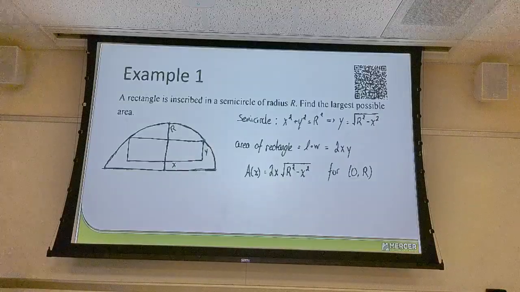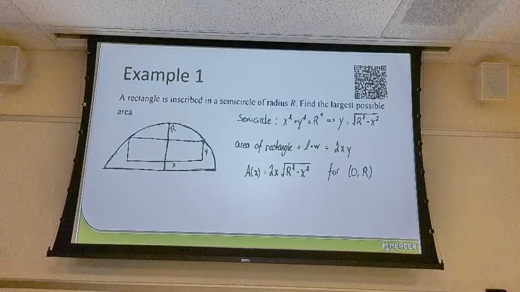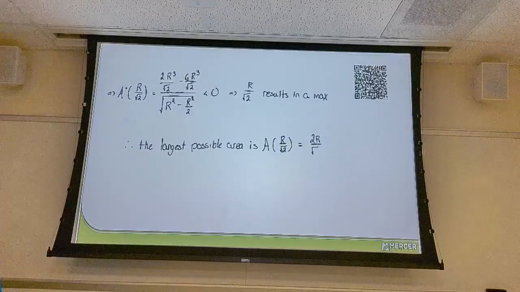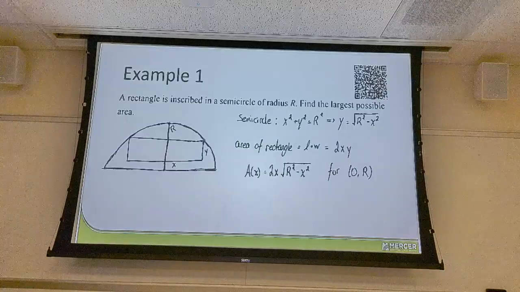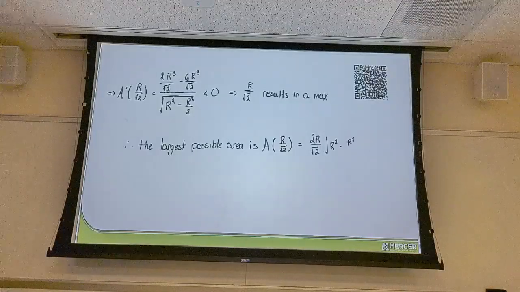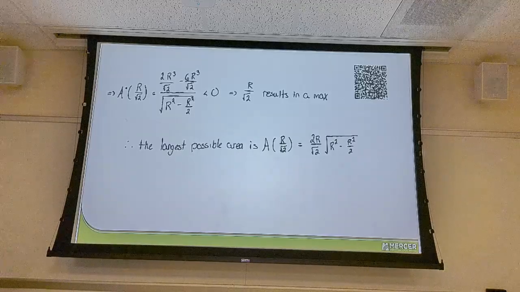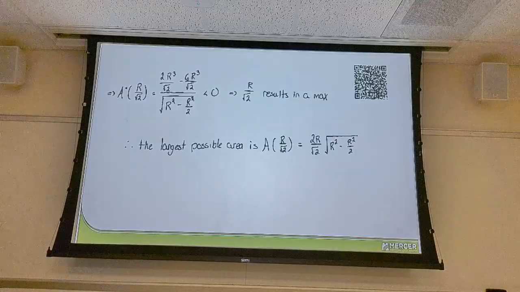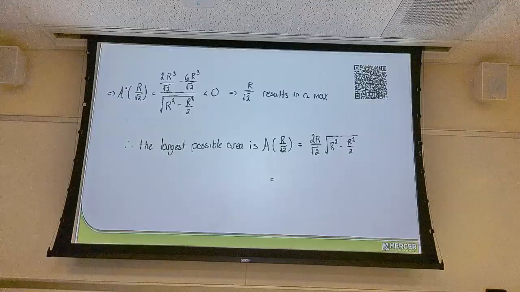So just plug r over root 2 in for x in A of x. 2r over root 2 times the square root of r squared minus r squared over 2. That's r squared over 2, which is going to be what? r over root 2.